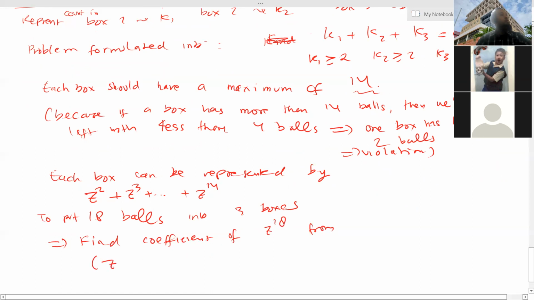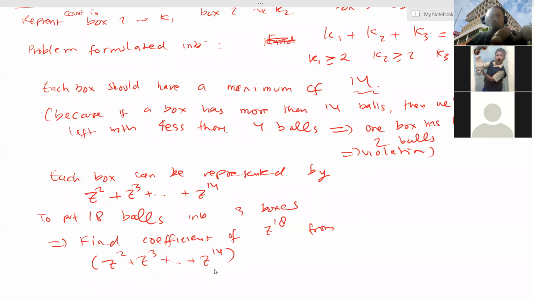So z squared plus z cubed up to z to the power of 14, and times z squared plus z cubed and so on. This is for the second box.